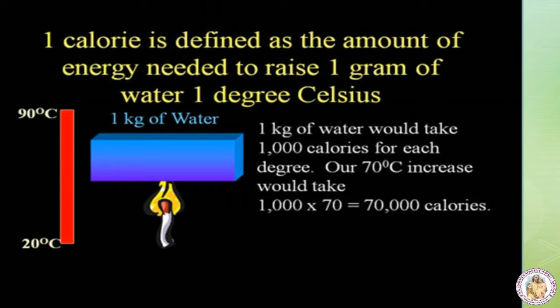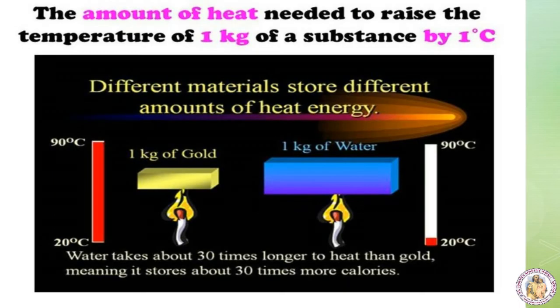So a 70 degrees Celsius increase would take 1000 calories times 70. When you multiply this, you get 70,000 calories. So when you apply heat on 1 kilogram of water through 70 degrees Celsius, you get 70,000 calories.